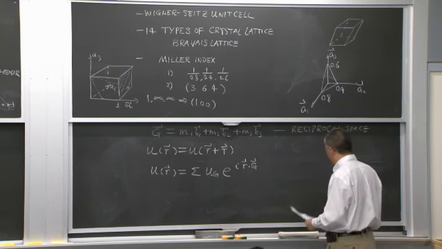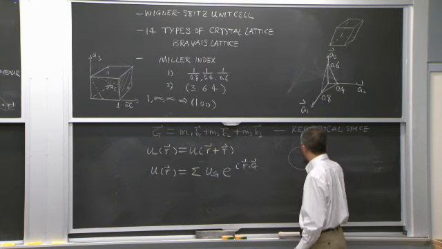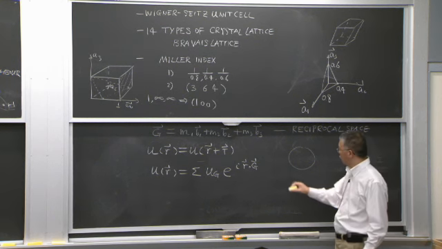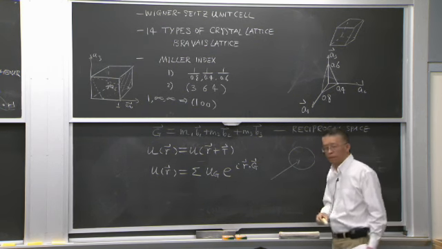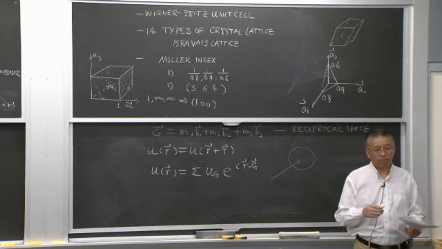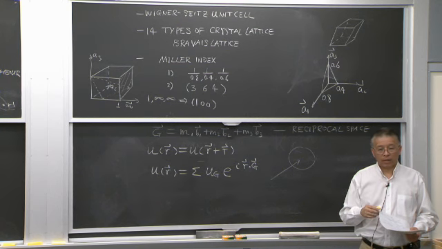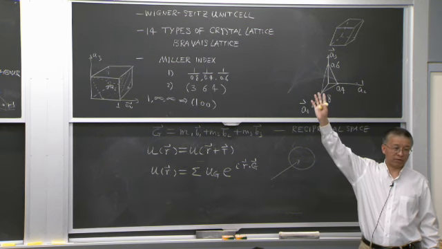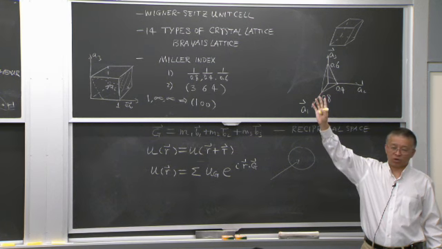So if you have an object, a crystal, a periodic structure, you shoot a wave in and you have diffraction. Some of you have seen gratings. How many of you have seen gratings?